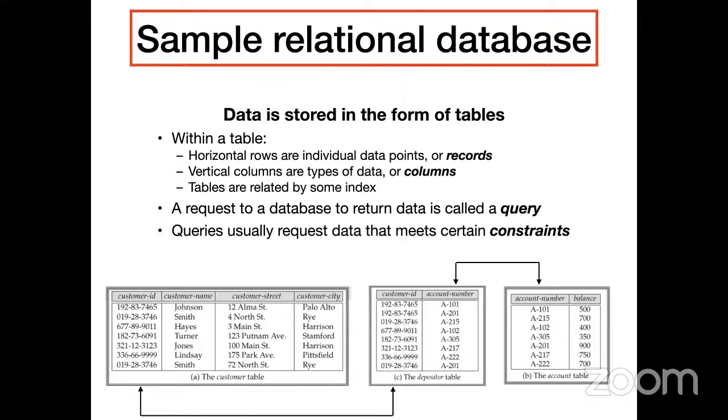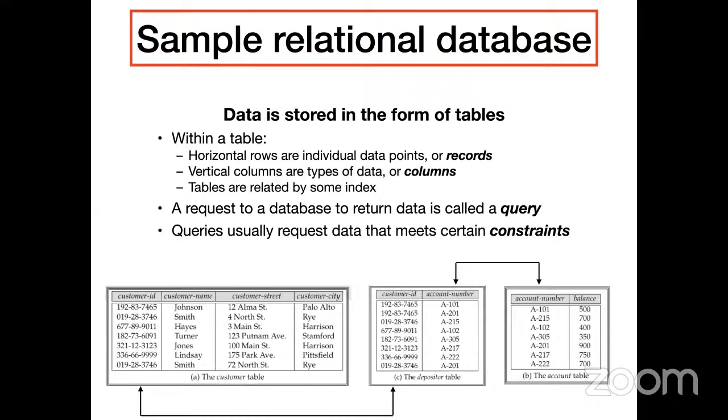Suppose I want to get the balance of some person, for example, Smith. I have three tables available here, and I have to join these three tables using some indices. Basically, the tables are related by an index. For example, the first two tables are joined by an index called the customer ID.